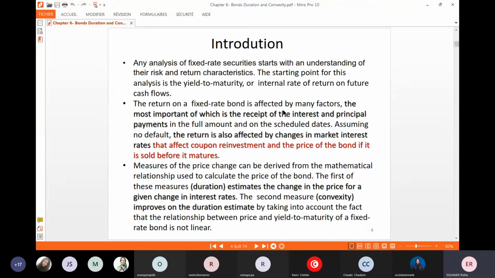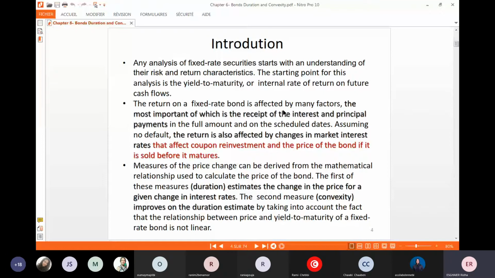But if the investor decides to sell his bond prior to the maturity, in this case, he has to sell it at a price based on the existing required rate of return, and the variation of the required rate of return will affect the price at which he could sell his bond prior to its maturity. So this will affect his annual return, or his realized return.